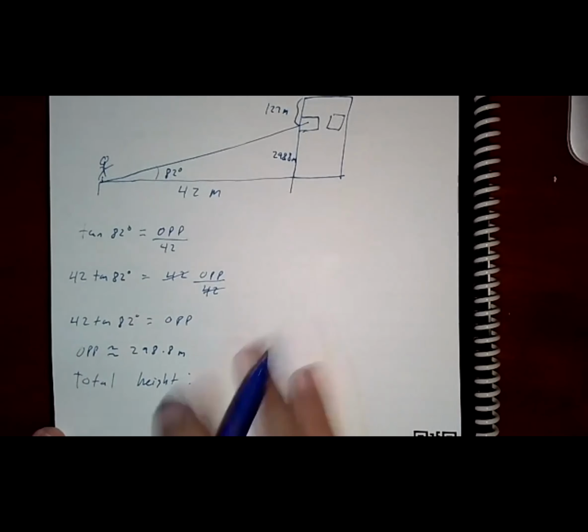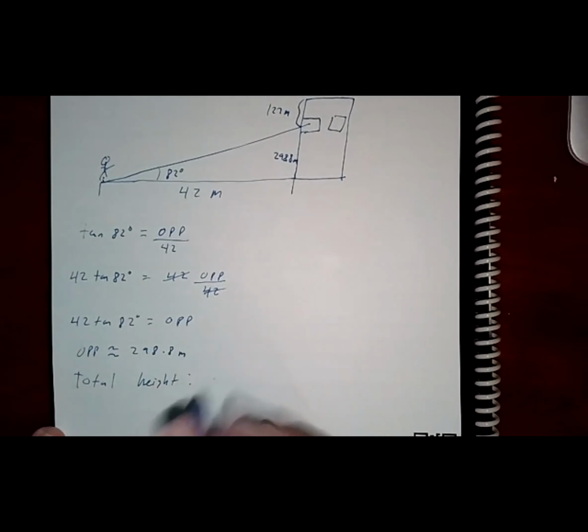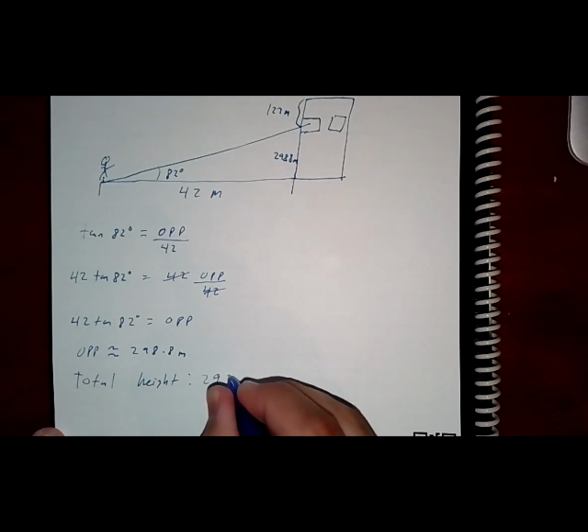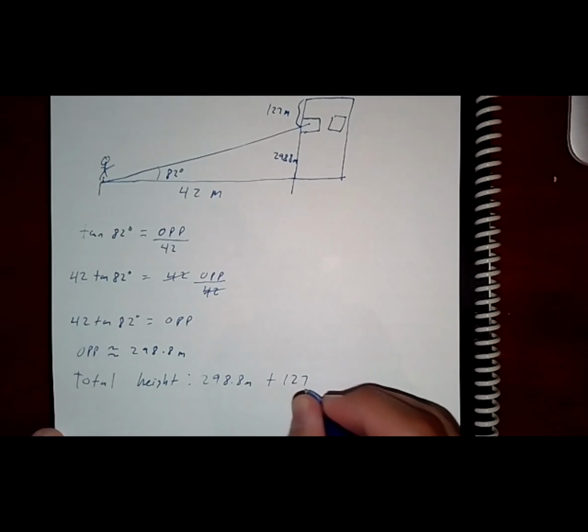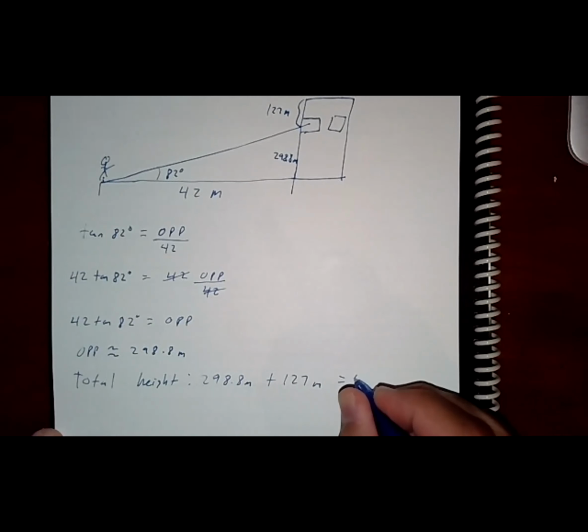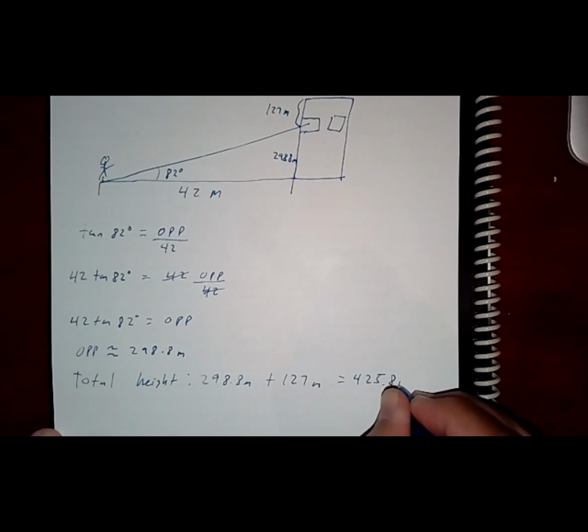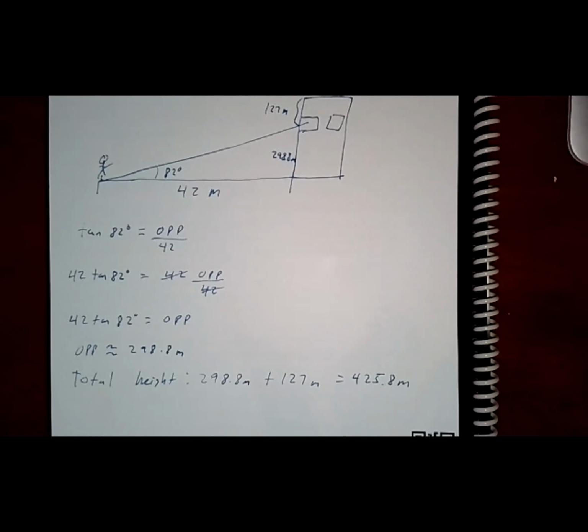So add the one we found plus the 127. That's all you got to do. 298.8 plus 127 equals 425.8 meters. Any steps that did not make sense or were confusing?